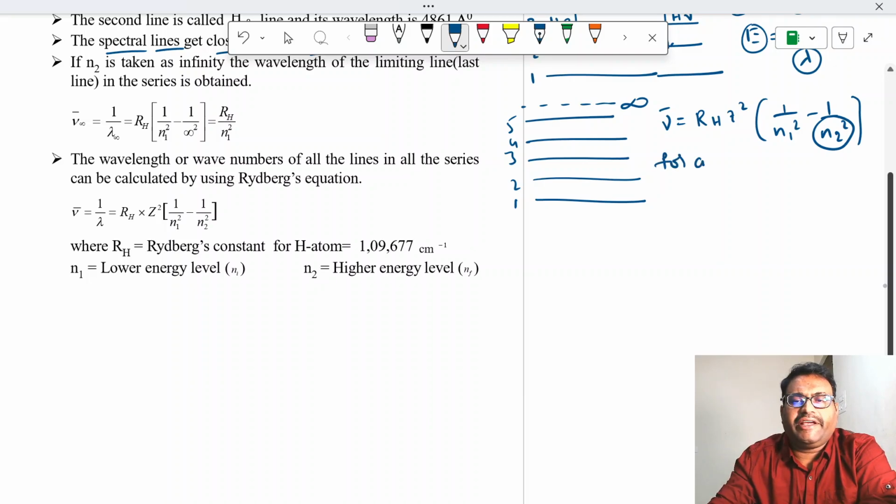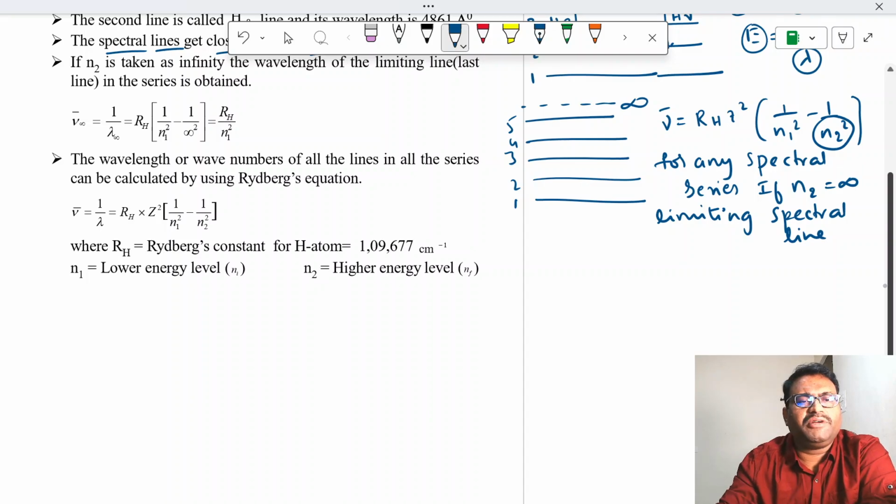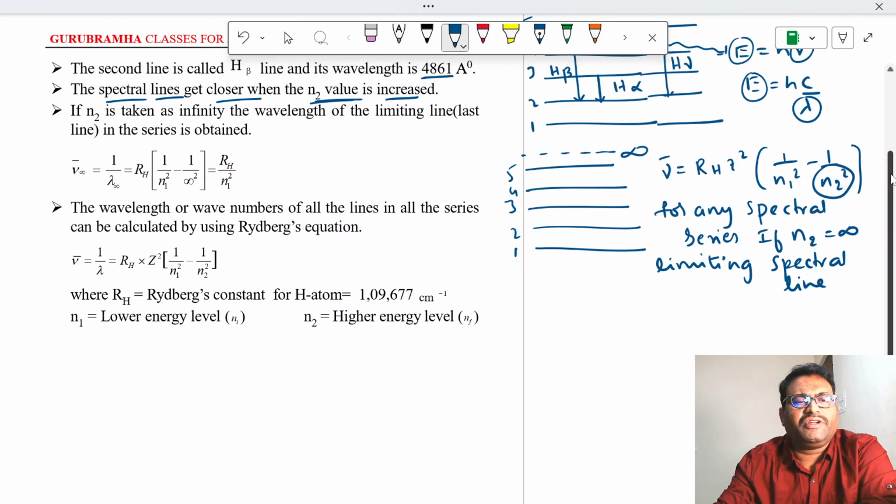So for any spectral series, if N2 is equal to infinity, then that line is called the limiting spectral line, which is also called the last line.